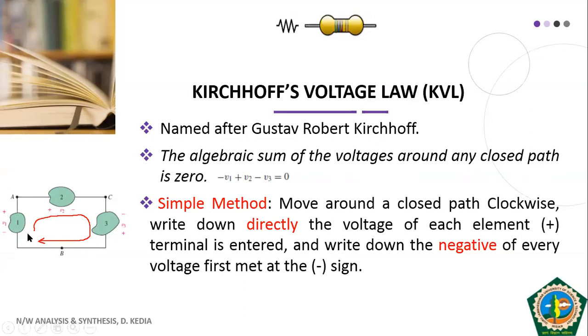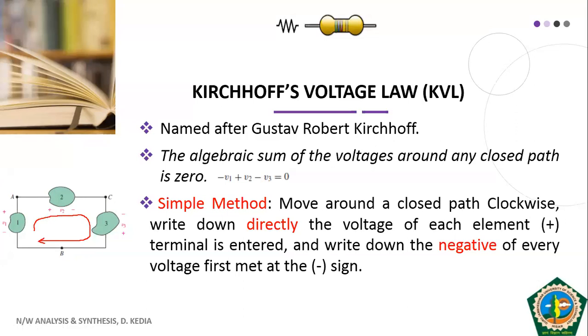If we go about a closed path in a particular direction, mind one thing, we have to go in a particular direction. You see the arrow that I am showing, we start from one point and encircle the closed path in a fixed direction, either clockwise or anti-clockwise. In the figure I am showing the clockwise direction. Keep this in mind, dear students, that we have to choose one fixed direction.